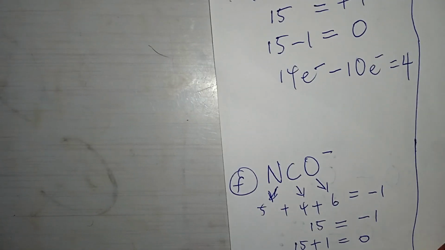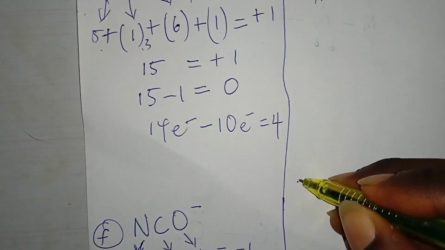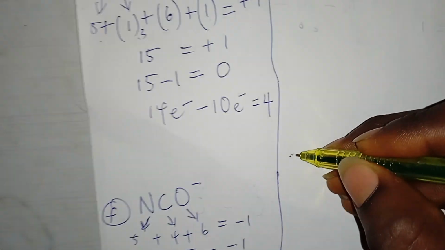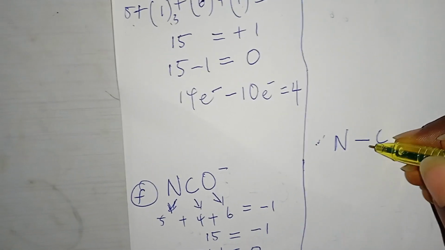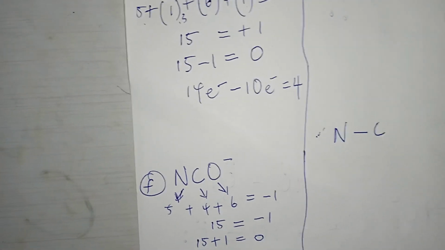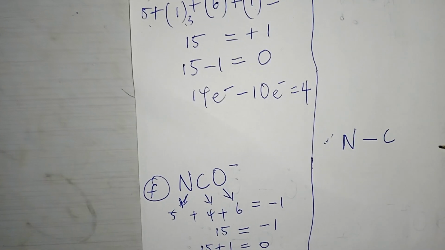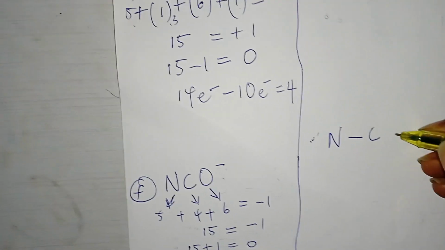Now let's move to the skeletal structure. All we have to do is to singly put this so that I have NC. Notice that nitrogen and oxygen are higher in the periodic table than carbon. So carbon is the least, so it has less electronegativity.